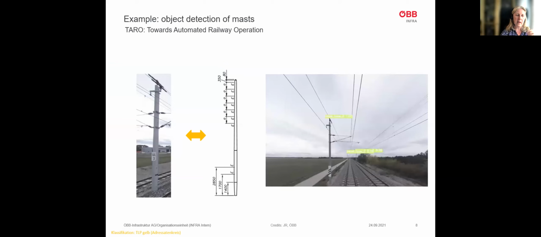Another example for this is coming from an ongoing project called TARO. TARO means towards automated railway operation, and here the digital twin of the infrastructure is one work package out of that. The object of interest here at the moment is, for example, the mast, which is standing beside of the tracks.